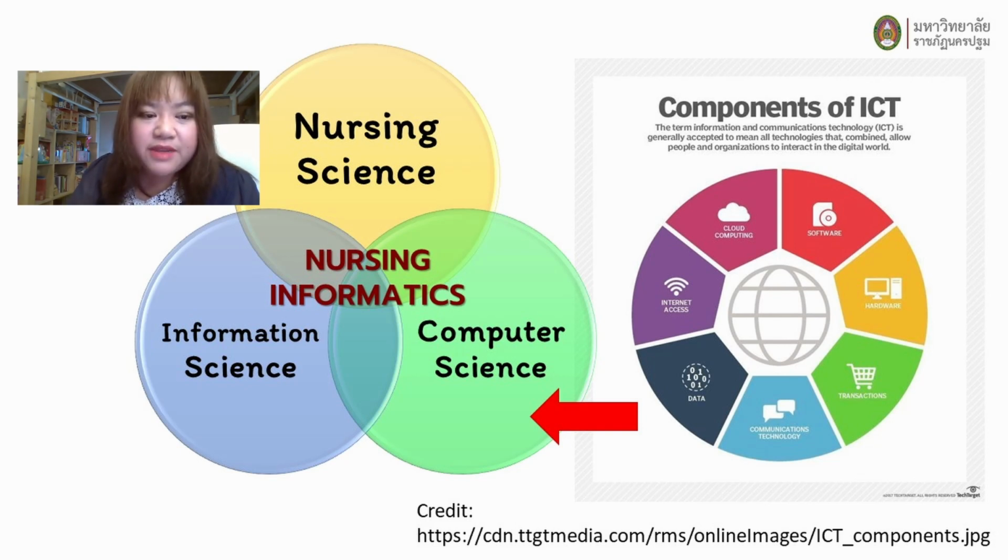If you see from this picture, you can see that nursing science combined with information science and computer science, but in our computer science, we put components of ICT in there too. So this is how they mix together, how they work together, and how ICT can make nursing informatics do better quality and be used effectively.